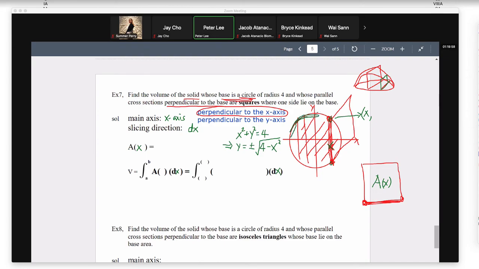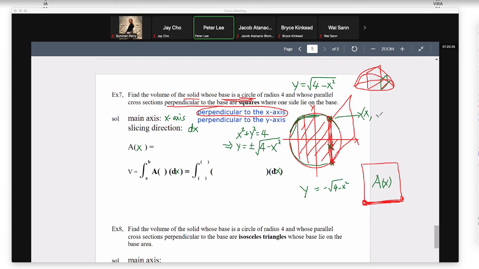The top half circle right there is actually y equals the square root of 4 minus x squared. What is the bottom half circle? The bottom half circle is y equals minus the square root of 4 minus x squared.